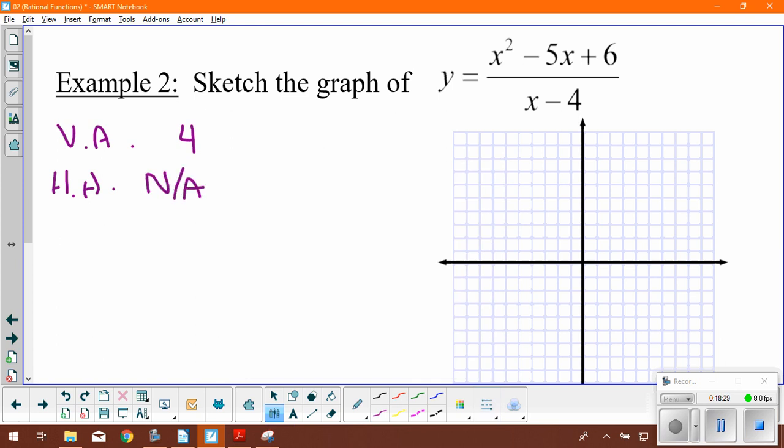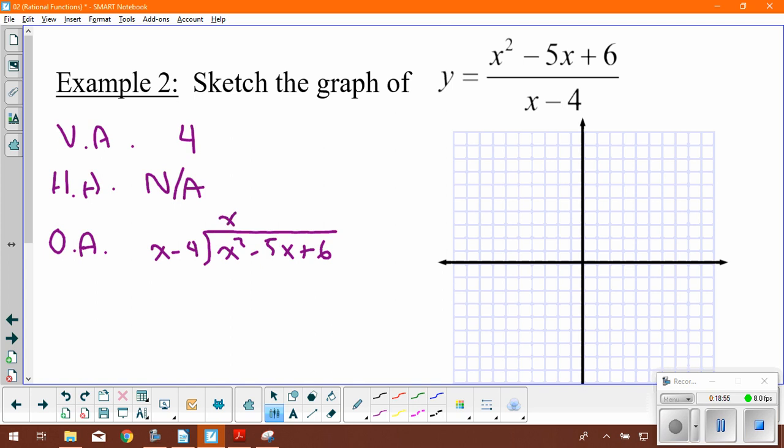Because the degree of the numerator is 1 more than the denominator, it tends to an oblique asymptote. It's going to tend to a linear function. So for the oblique asymptote, this is where we do that quick little bit of dividing. So I have x minus 4 going into x squared minus 5x plus 6.